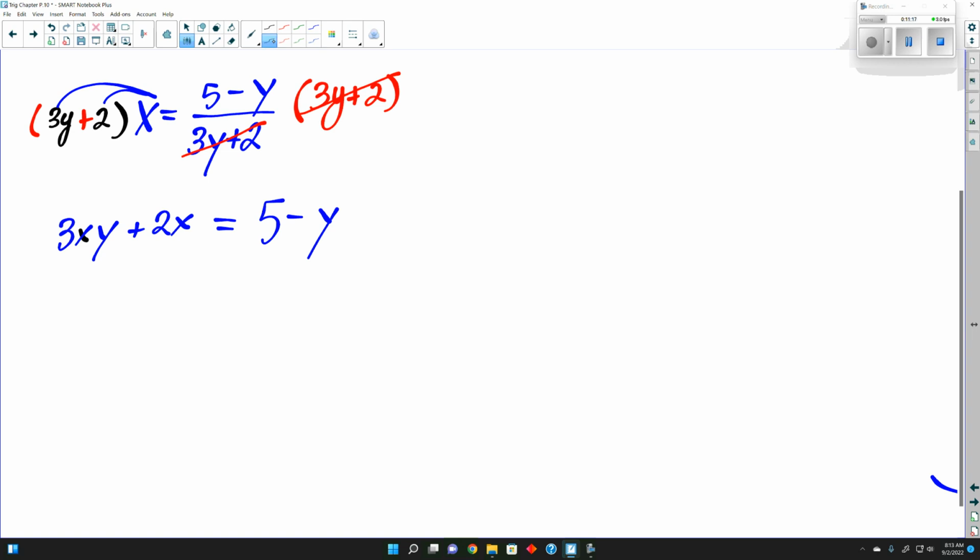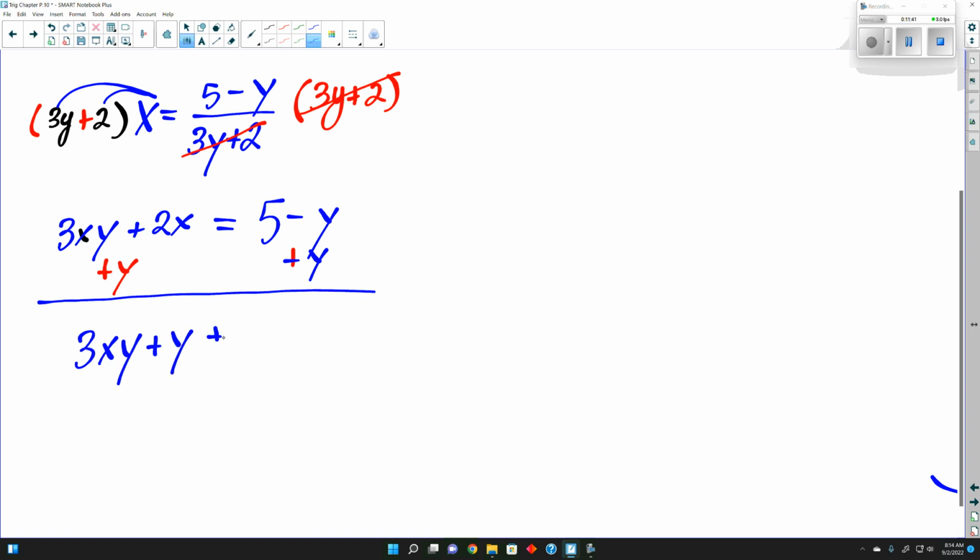Now, the next main part is to get the y terms on one side and everything else on the other. And this is not as intuitive, and I don't like using the word intuitive, but this process of getting y's on one side and everything else on the other. Because what we can do is I can add y to both sides, which will tell us that we have 3xy plus y plus 2x equals 5.